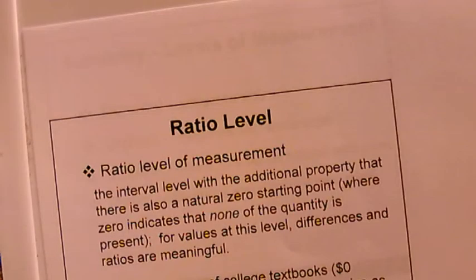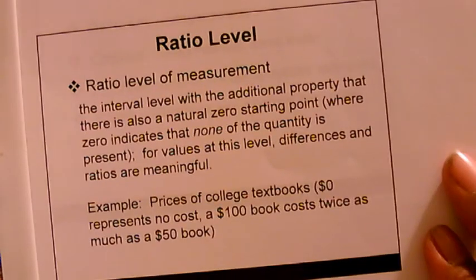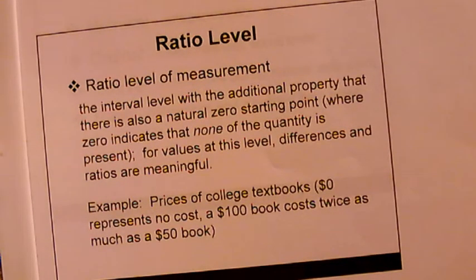And then the fourth is the ratio level. In this case, you have the interval level with the additional property that there is also a natural zero starting point, where zero indicates that none of the quantity is present. For values at this level, differences and ratios are meaningful.